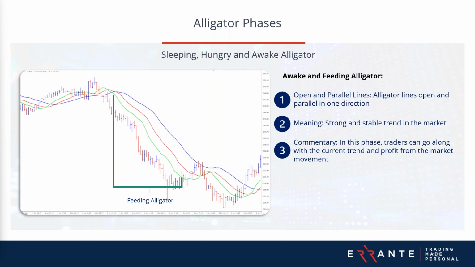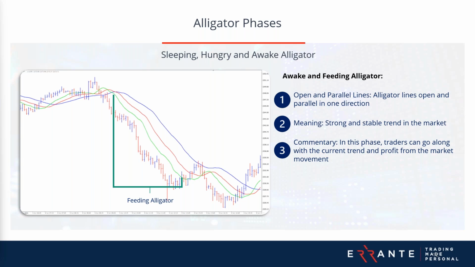The alignment of the alligator's lines in the awake phase represents a strong and stable trend, whether it's an uptrend or a downtrend. For example, here you can see a very strong downtrend. The market is moving decisively in one direction, which here is the downside.